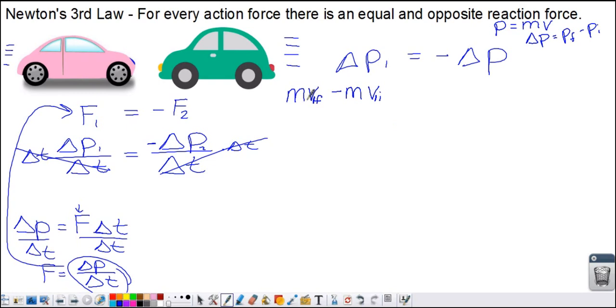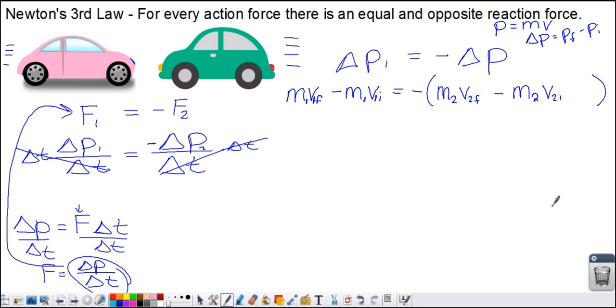Okay? That is going to be equal to the opposite of the change in momentum for the second car. So for the second car, I need to do the final momentum, so the mass of the second car times the final speed of the second car minus the mass of the second car times the initial speed of the second car.